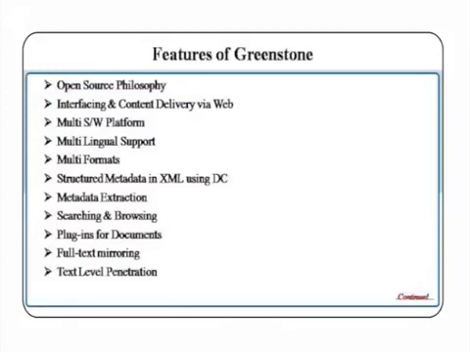It is from the open source family, so it supports the open source philosophy, and interfacing and content delivery is through the web, through the internet, through the network. It has a multi-software platform, multilingual support, multiple formats, structured metadata in XML, open standards using Dublin Core, metadata extraction, searching and browsing, plugins for documents, and full text indexing, text-level searching, that is, the search can go into the text of the content.